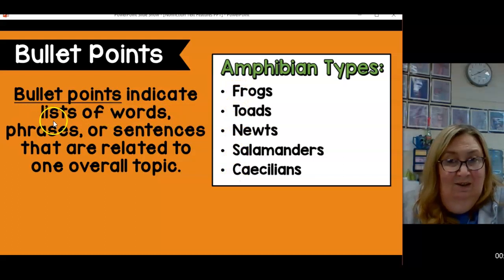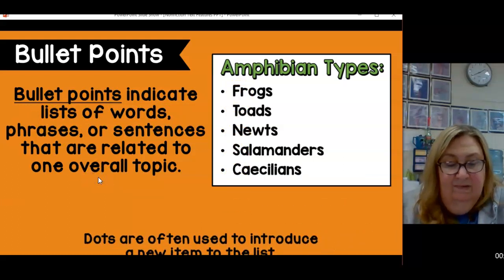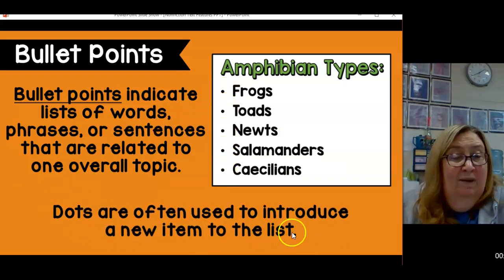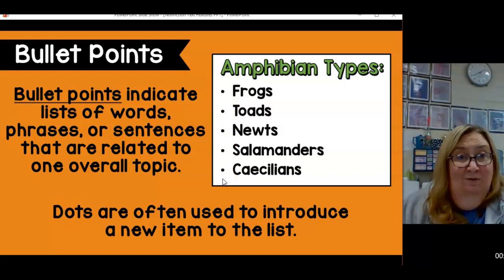It's just lists of words. The dots beside the words are often used to introduce a new item to the list. So the dot tells me we've left frogs, we're moving on to toads. We're done with toads, we're moving on to newts. Those dots tell me it's a new point on my list. Take a second and go fill in your companion.